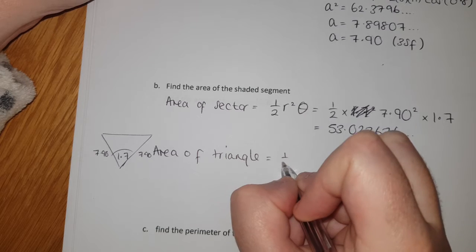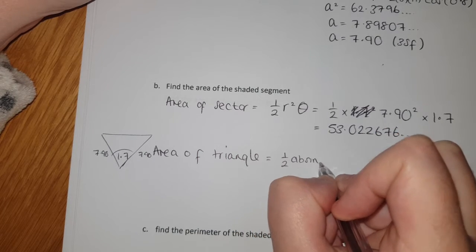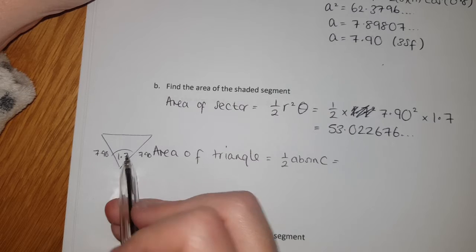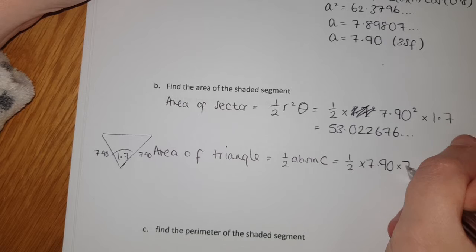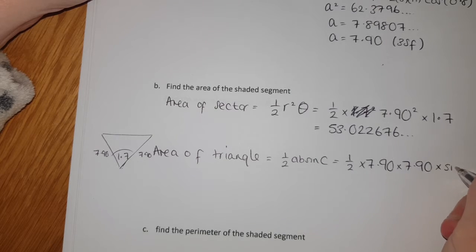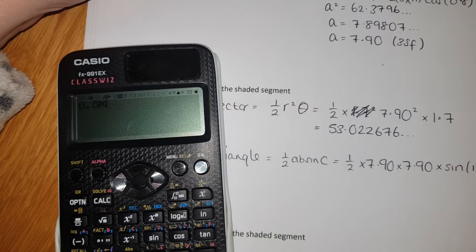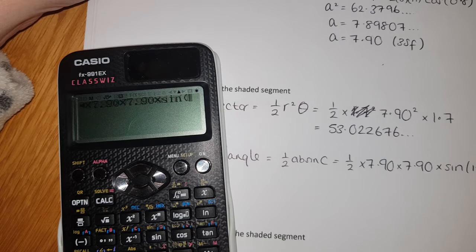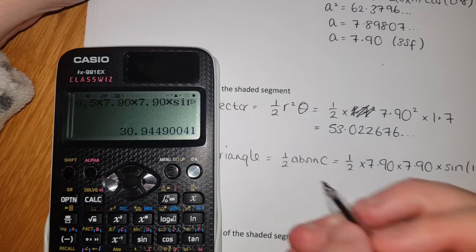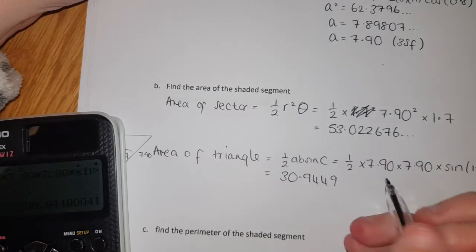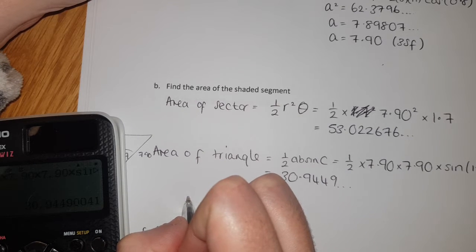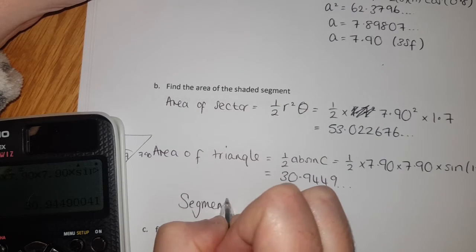So area of a triangle, we know, is a half AB sine C. So A and B are the two sides, C is obviously the angle, so you've got a half times 7.9 times 7.9 times sine of 1.7. Okay, that works out as 30.9449.